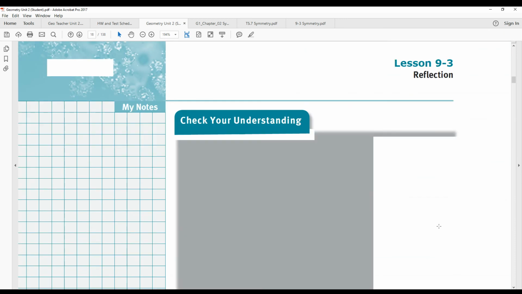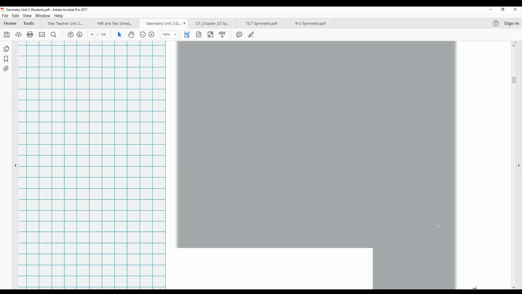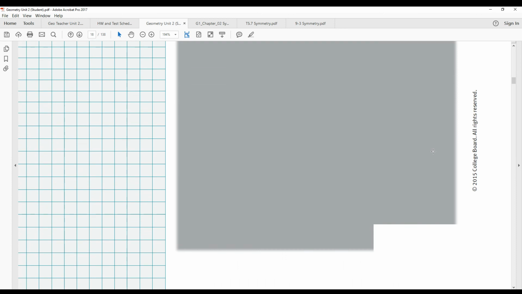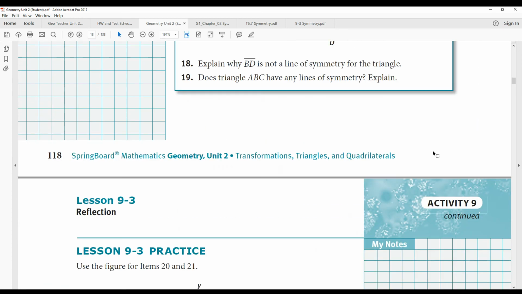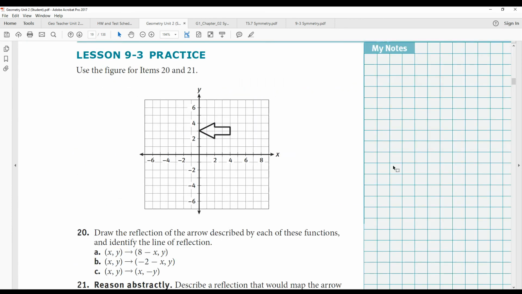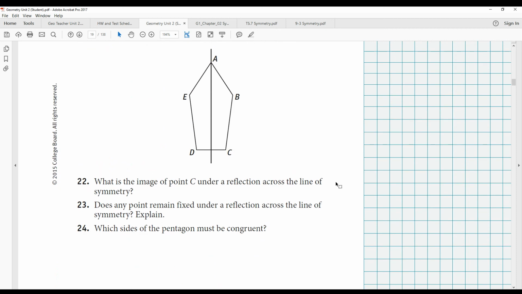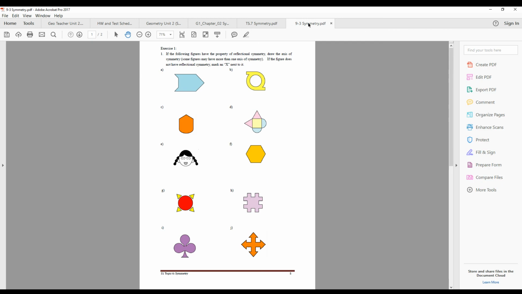Okay, that's it for the new information. You have number 17 to do, 17, 18, 19, and then you've got the 9-3 practice. I'm going to show you another one that you can do. Yes, this one right here.